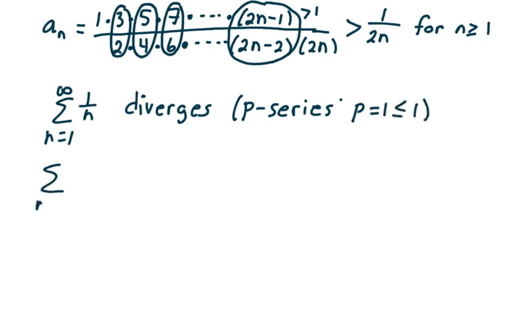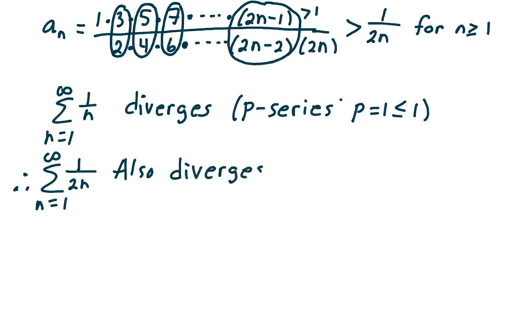If I take a constant multiple of an already divergent series, that also diverges. So the summation from n equals 1 to infinity of 1 over 2n also diverges.